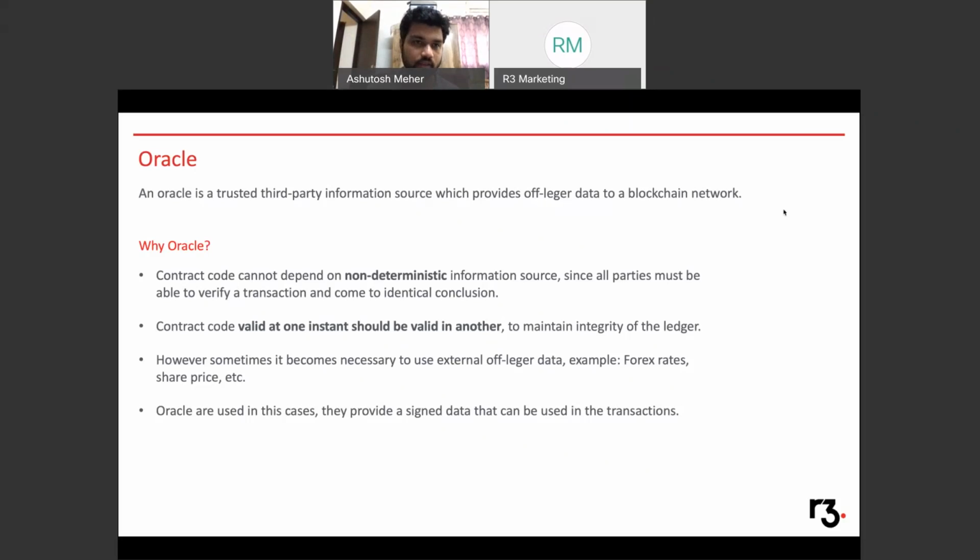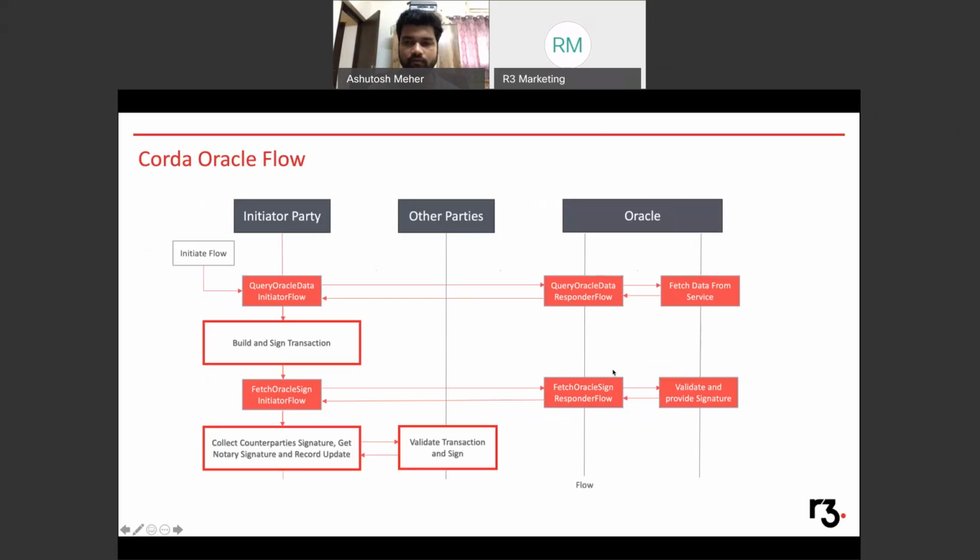the Corda network. So we'll just take a look at a simple flow of how the Oracle works. Like I said, the initiator who needs that data from the Oracle needs to request the Oracle. The Oracle is just a service, which is again a normal Corda node. It's running a flow and a service.